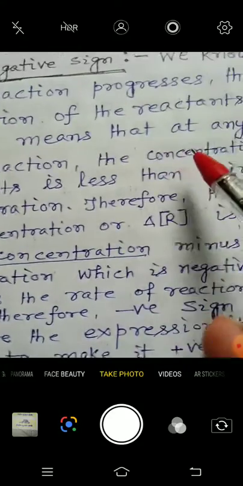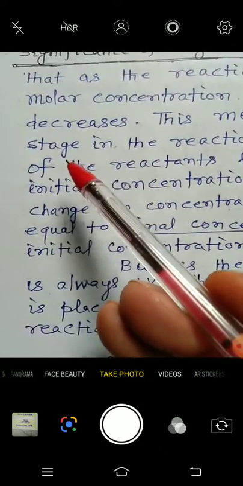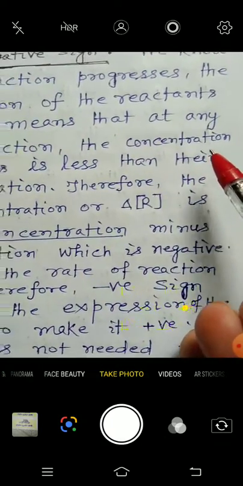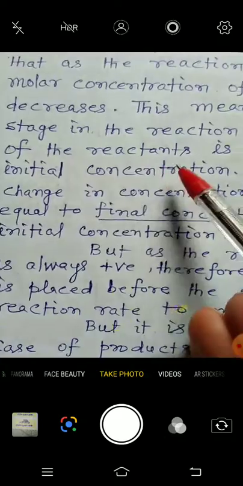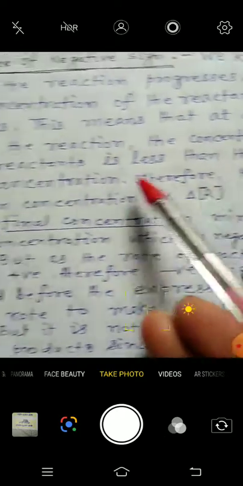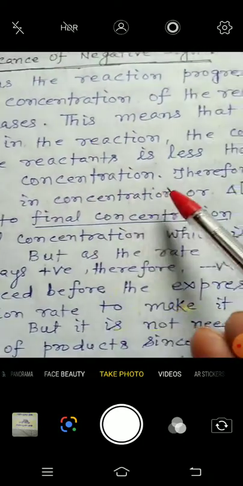This means that at any stage in the reaction, the concentration of the reactants is less than their initial concentration.